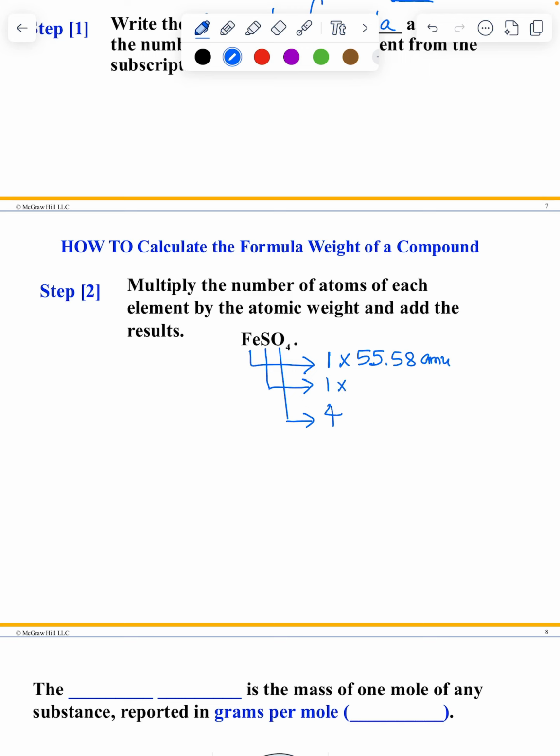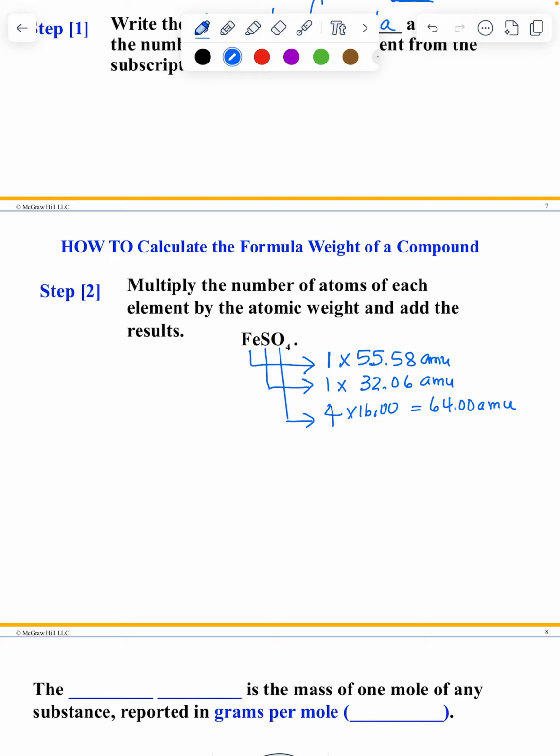And for sulfur, I have 32.06 AMU. And for oxygen, that would be 16. And since there's 4 of them, then that's going to equal 64 AMU.